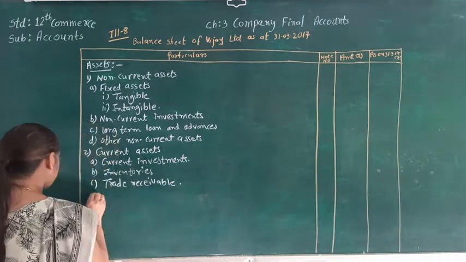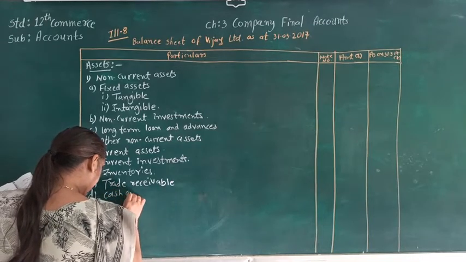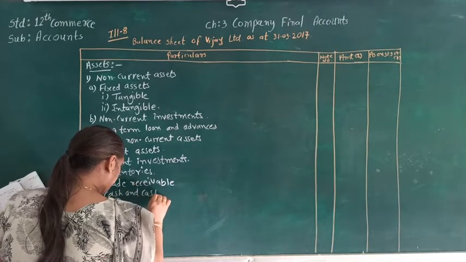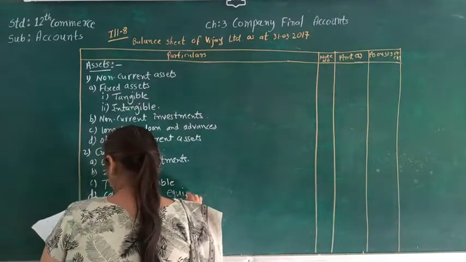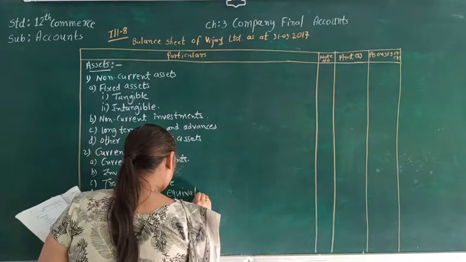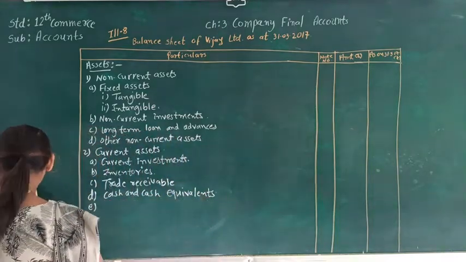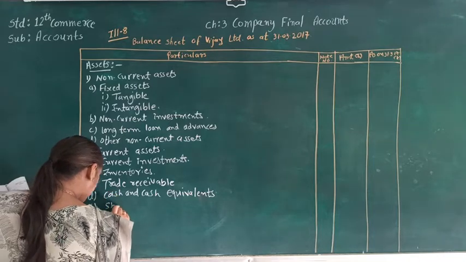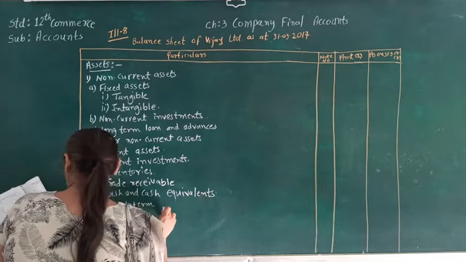The fourth one is a cash and cash equivalent. Then the fifth one is a short-term loans and advances.